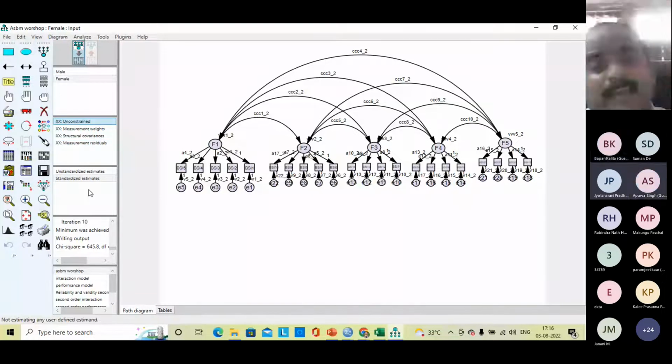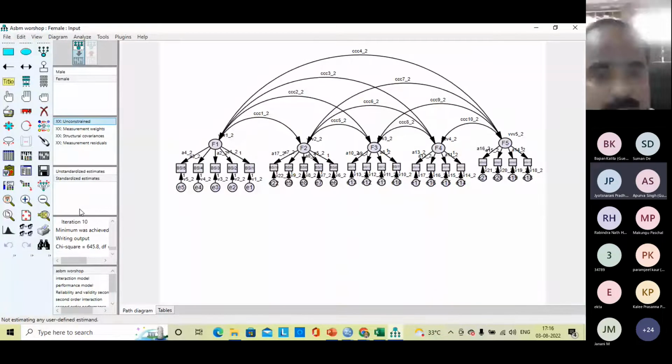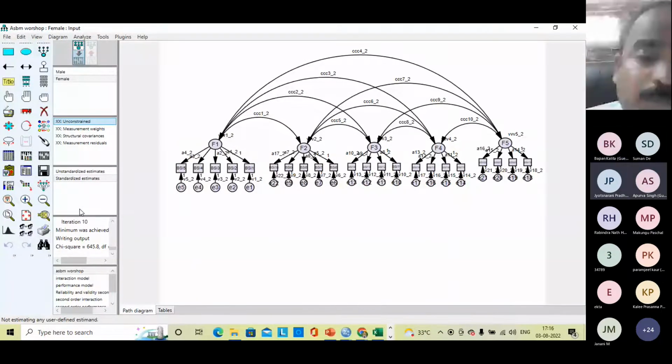So whatever we have tested is named configural invariance. Whatever we have done prior to this step, the fit indices are fitting both properly, the measurement weights are not that much different, the significance of p-values are the same for both.